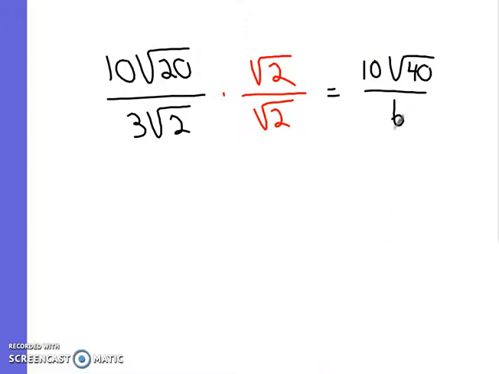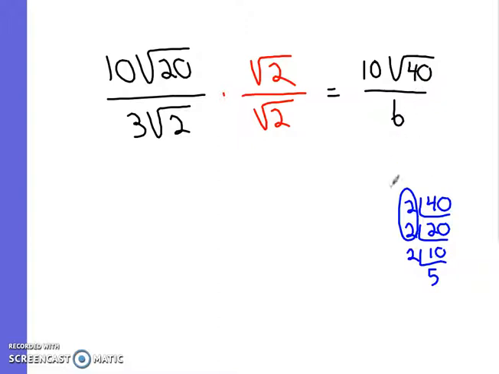Now let's see what else we need to do here. That root 40, I'm going to use a skill from the previous videos. I'm going to take that 40 and break it down this way. And I see a pair of 2's here, which means that root 40 could have a 2 taken out of it.